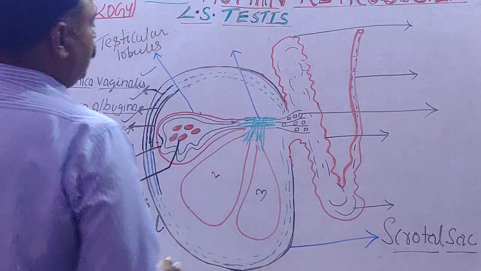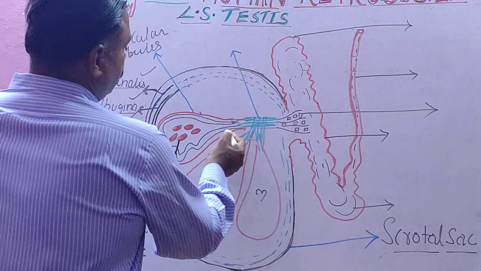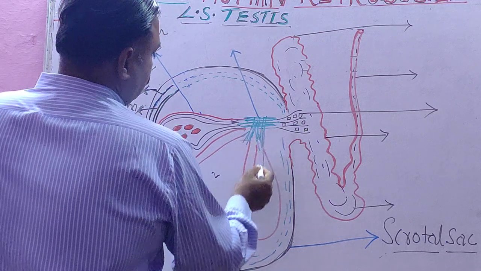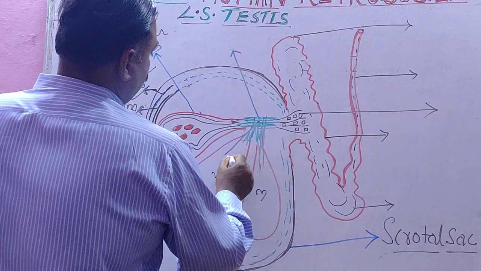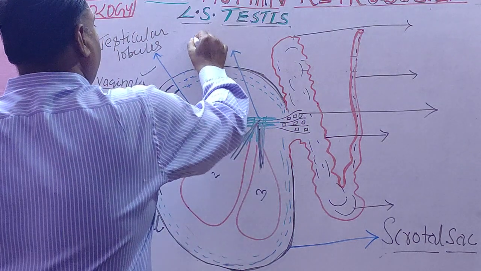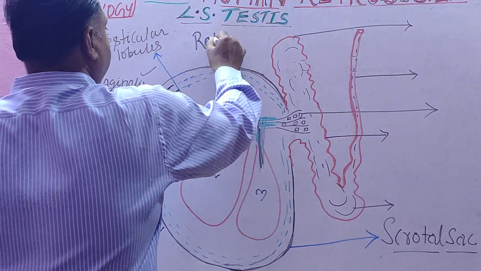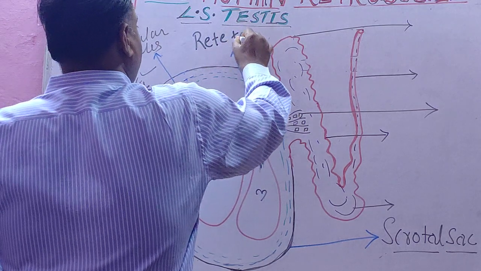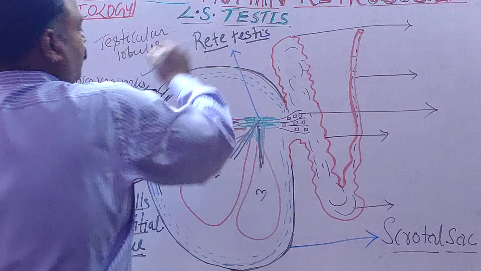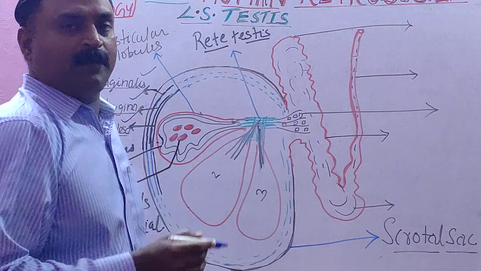Now let us study here on this right side. This seminiferous tubules, when it comes out from these testicular lobules, forms a structure called rete testis. Student, rete testis has the meaning, these two words. Rete means reticula. Reticula means network.